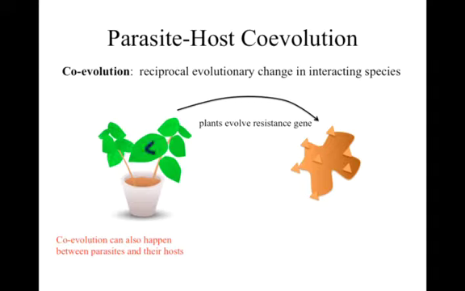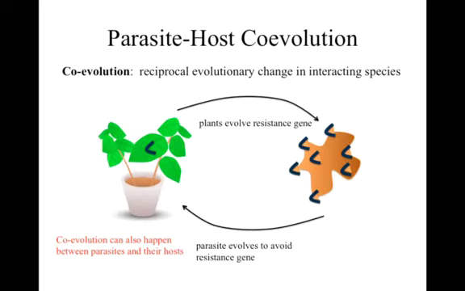So there's my plant resistance gene, and it's active. It perfectly matches that parasite effector protein. And then what happens? Well, the parasite evolves to avoid that resistance gene. It evolves a new shape to those effector proteins, and now the plant resistance gene is no longer effective against the parasite, and so now it's susceptible again.